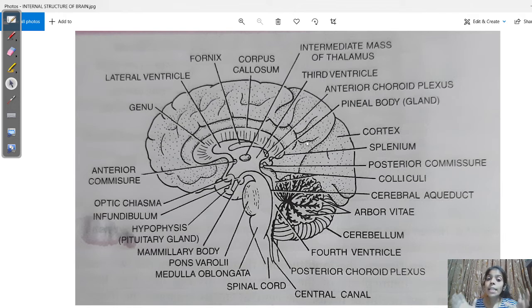This is called lateralization. Why so? Because certain nerve fibers crisscross one another at certain regions when they pass through the brain. That is why this lateralization exists.